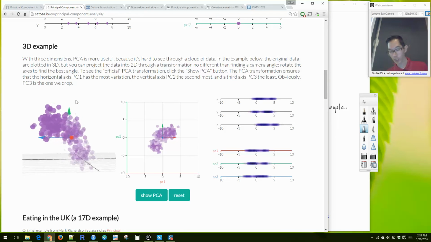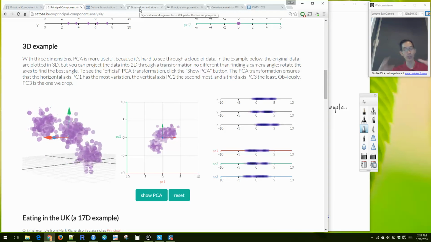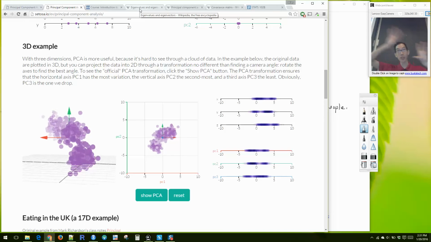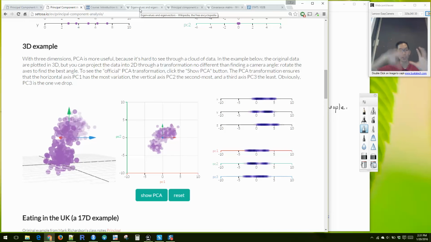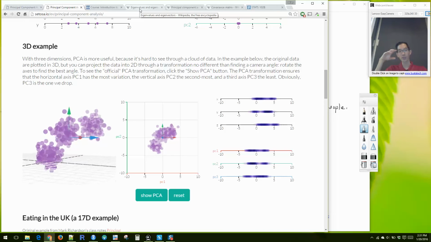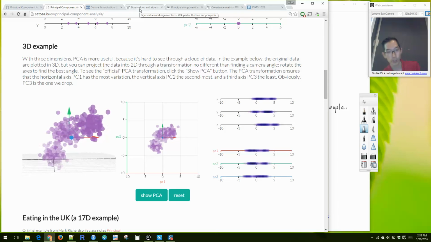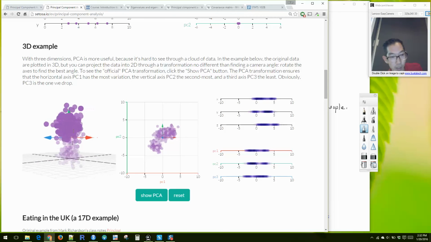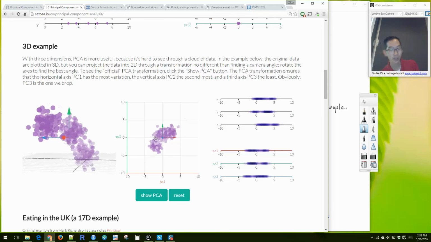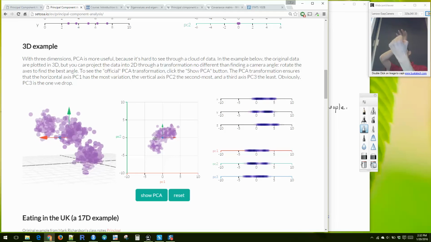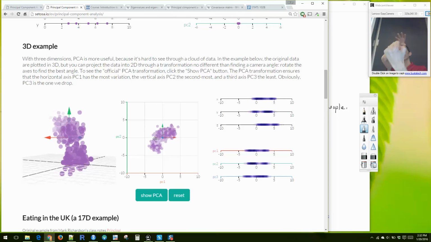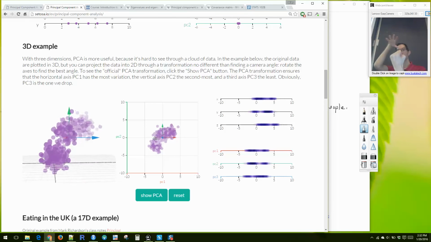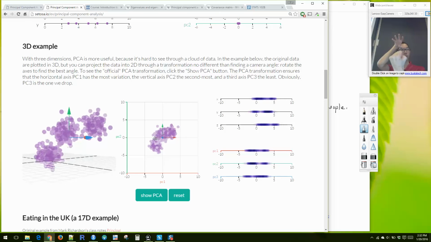When it comes to three-dimensional data, imagine this cloud of points, rotating around for us. Imagine we're trying to find the camera angle that will display the most variation.